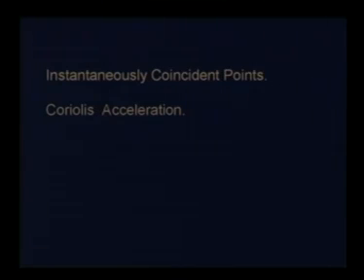In such a situation, as we shall see, one component of acceleration which is not trivial becomes very important. Consideration of that particular component, which we call the Coriolis component of acceleration, is very important.